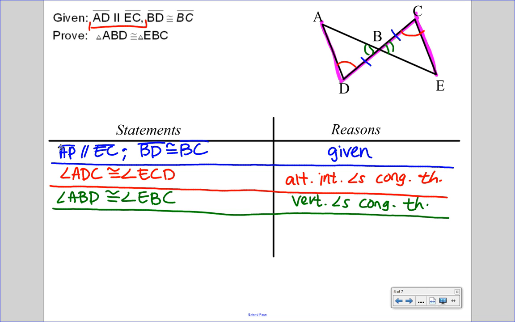Now that we have 3 congruency statements, we can label with our S's and our A's on our picture. That's an angle, that's a side, that's an angle, so we can write our proof, which is triangle ABD is congruent to triangle EBC, and that is our angle side angle.